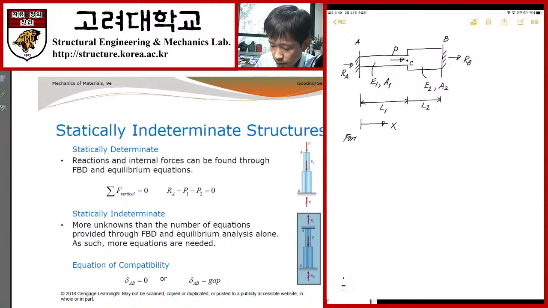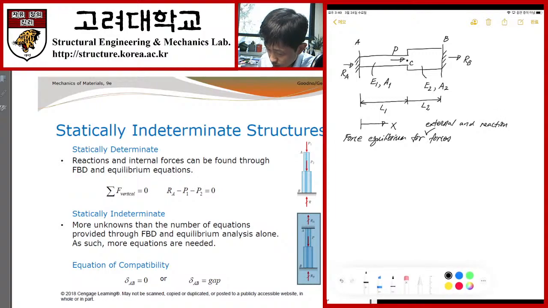Force equilibrium for forces. Here we would like to emphasize the external forces and reaction forces. Please make sure what the structure actually is. Here, this is my structure, okay? With respect to this structure, we have three external forces.